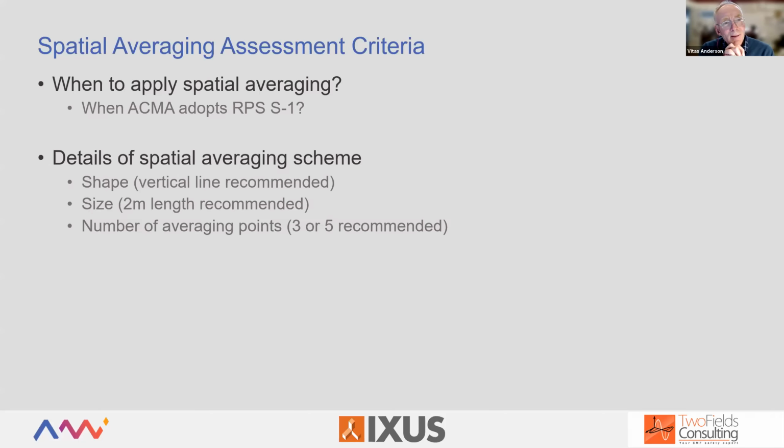And I say that because I'm not 100% sure, but I think that the new RPS S-1 will always be less stringent, even with spatial averaging, compared to the old RPS 3 with point spatial fields. But I'm not totally sure about that, but I think it will go that way.